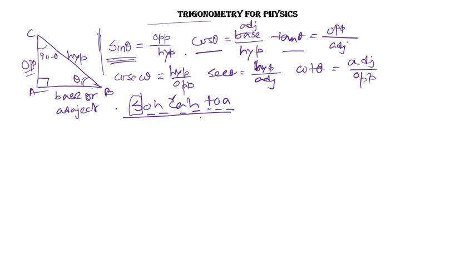So you can remember this word, "ka to a". S is sine theta, C is cos theta, T is tan theta. Sine is nothing but opposite by hypotenuse, cos is nothing but adjacent by hypotenuse, and tan is nothing but opposite by adjacent.